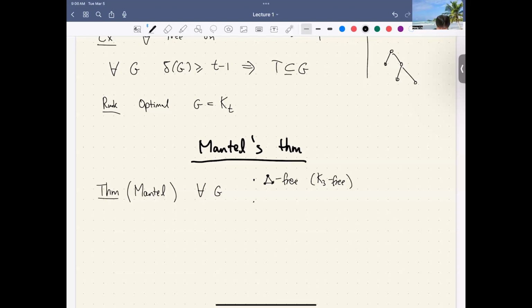And let's say you have n vertices. The question is, how many edges can you have? What's the maximum number of edges? And Mantel says that E of G is at most n squared over 4. Let's try to be precise. I take a floor of this number.